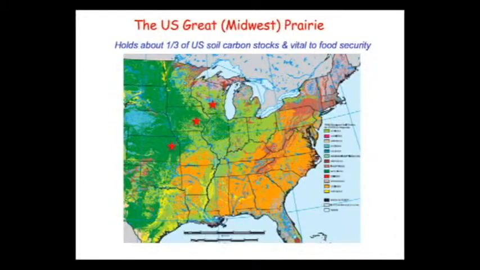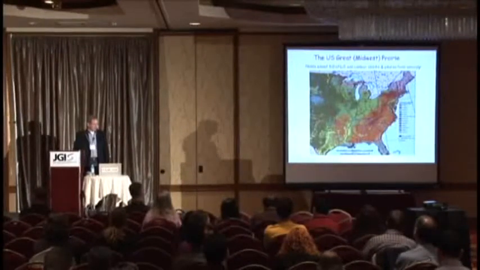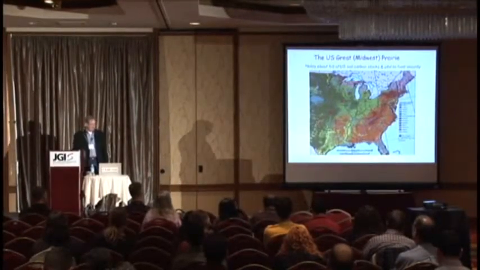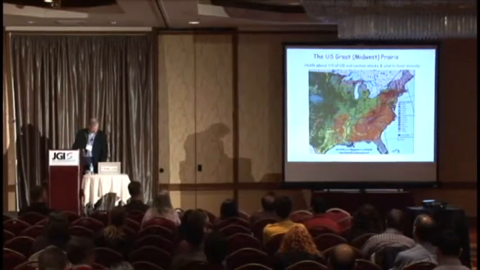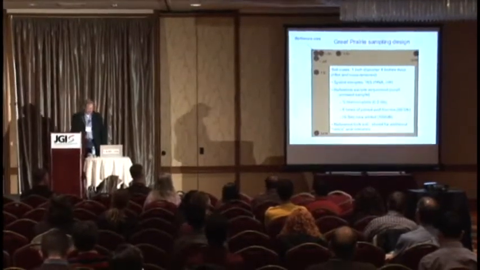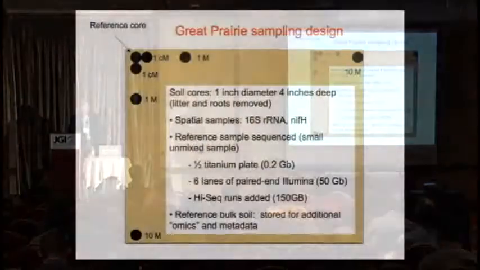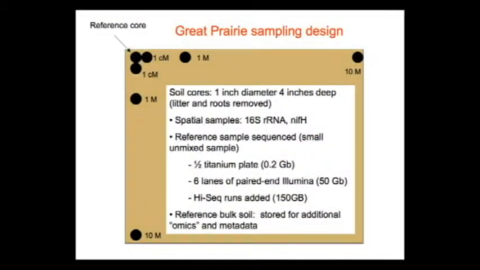The sites in Wisconsin, in Iowa, and in Kansas. And they represent a transect across the prairie, going from colder to warmer, and as you go west, drier sites. The design is indicated here. There is a reference core taken up in this corner here, and that is the sample that was used for metagenomic sequencing.